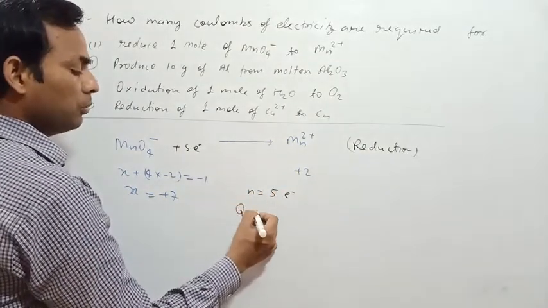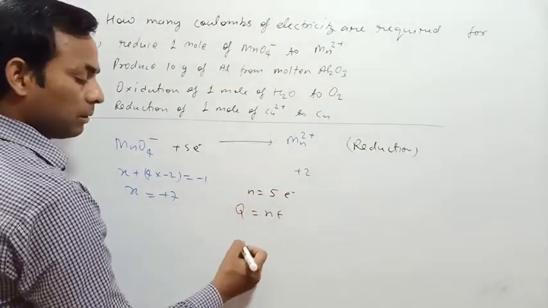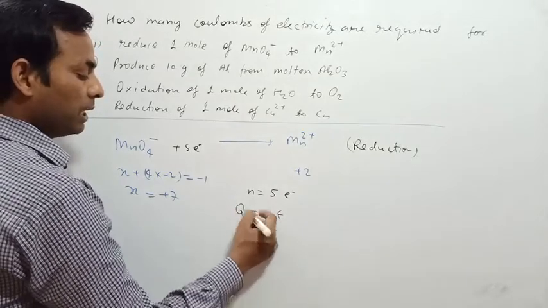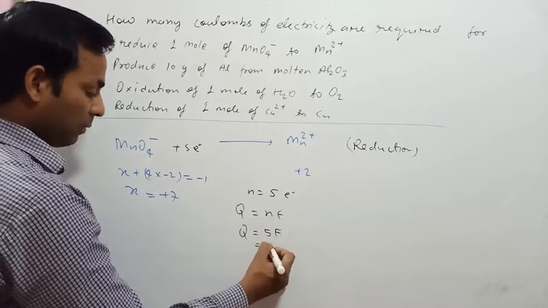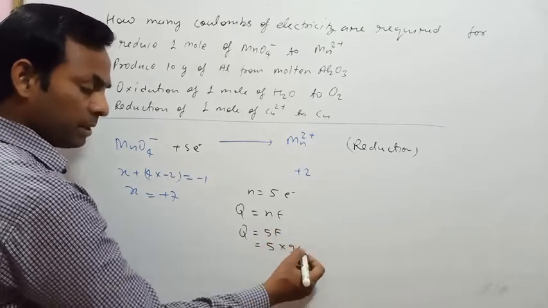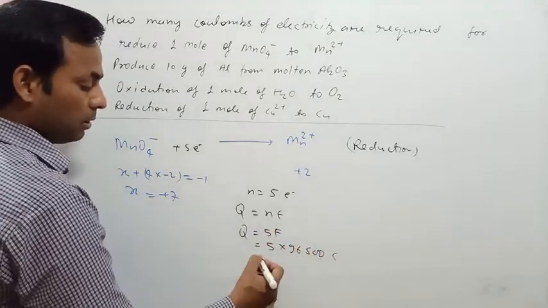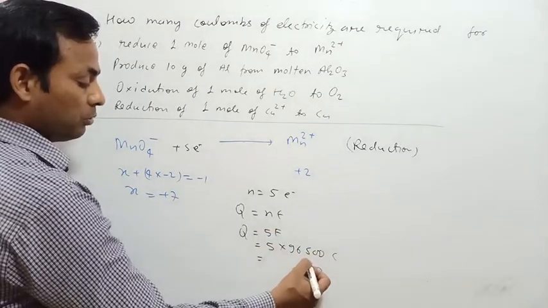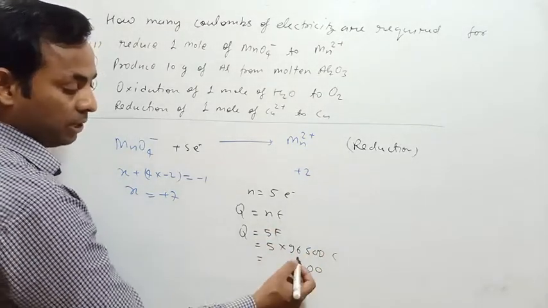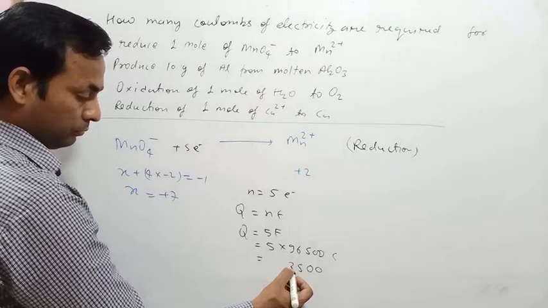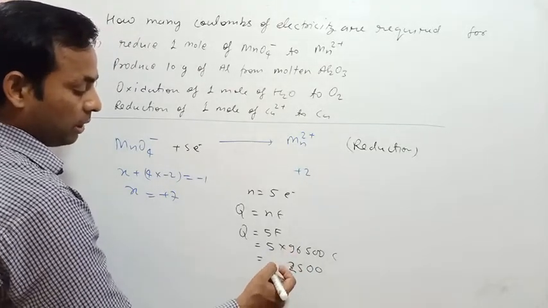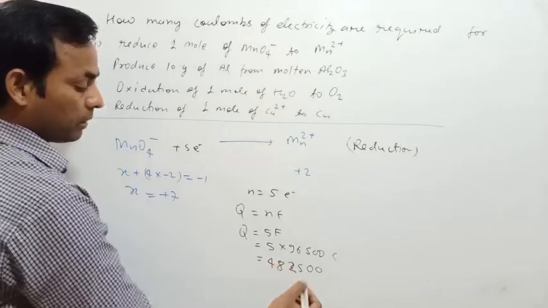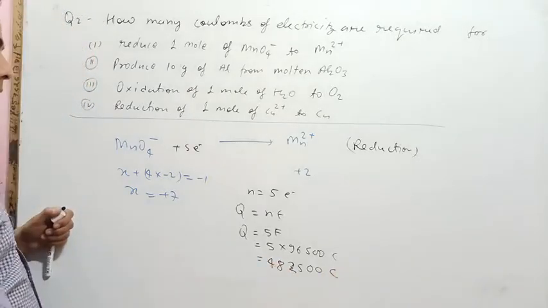So Q equals n into F. In place of n we put 5, so 5 F, or 5 into 96,500 coulomb. 5 times 5 is 25, carry 2, 30, 32, 45, 48. So this many coulomb is your answer.